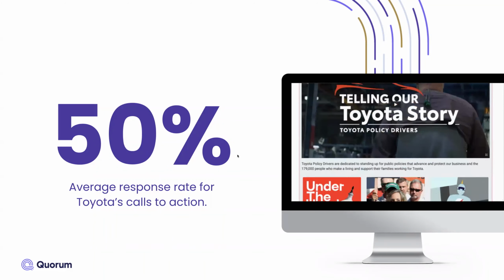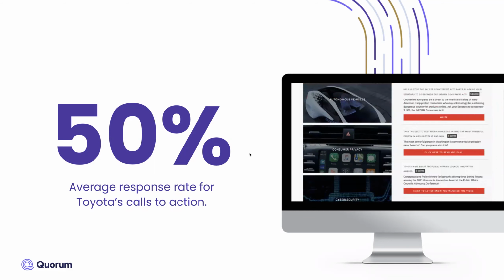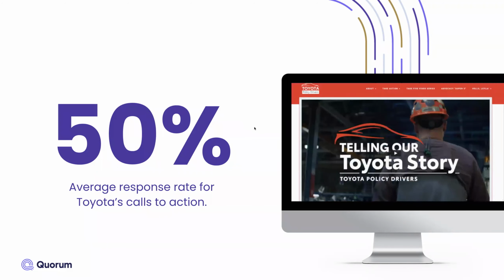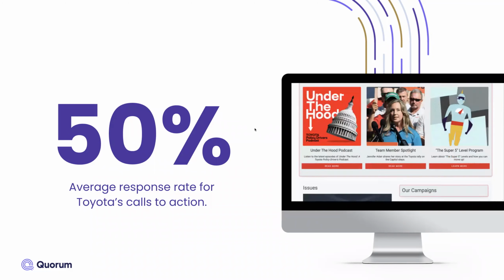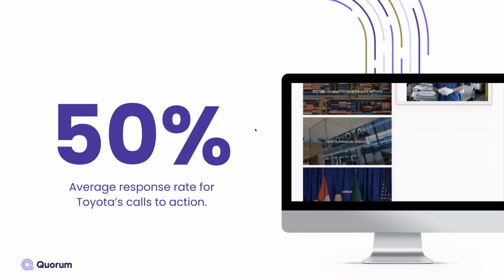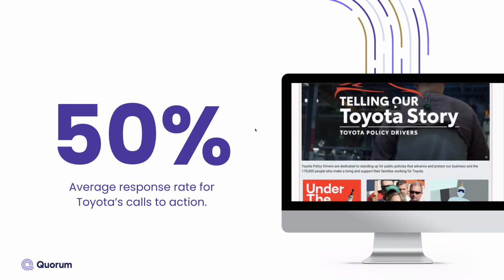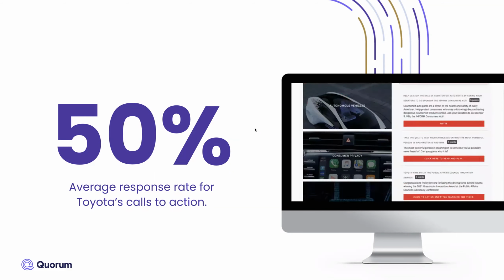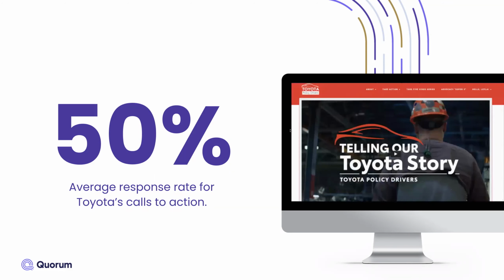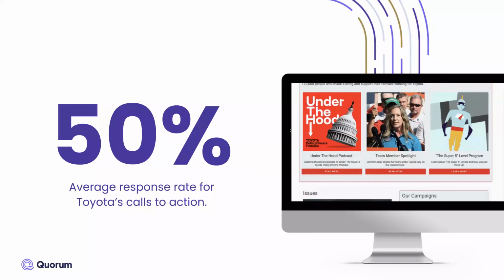All right, and so what we're seeing here on the screen is an organization that has taken advantage of these different tactics that we're talking about here. So this is a little GIF of Toyota's Action Center, complete with all of their fancy graphics, their videos, and their gamification program. And what that gave them was an average response rate of 50%.